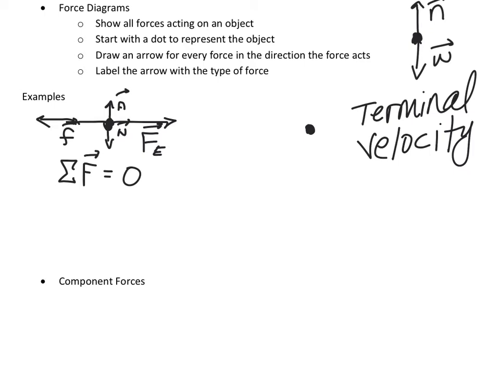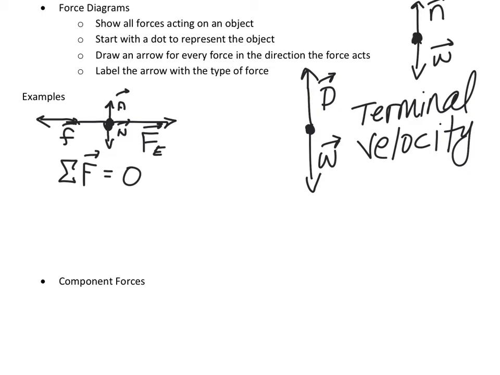But when you hit terminal velocity, the wind counteracts the force of gravity. So we have your weight, which is the force of gravity, and we also have the drag from the air. We'll label that D. When that wind drag equals the force of gravity, then you hit terminal velocity, and you will move at a constant speed while you're falling. You will not speed up anymore.